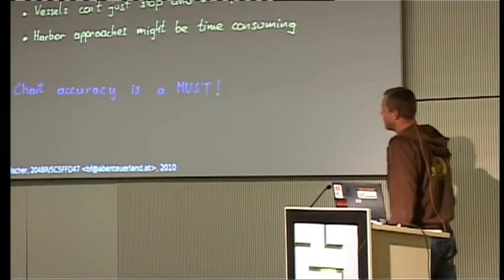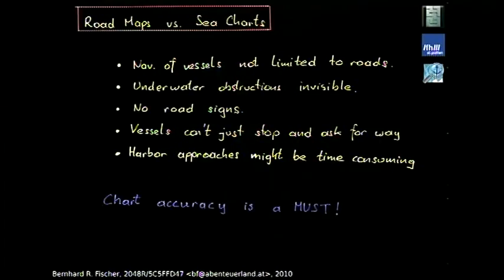Okay, so let's compare a little bit the difference between a road map and a sea chart, or actually compare navigating a car and navigating a boat. There are big differences. The first one is navigating a vessel is not limited to roads. So actually you can navigate with your car even without a chart.